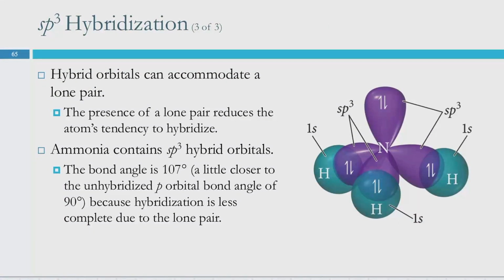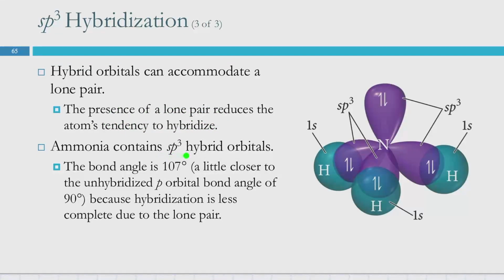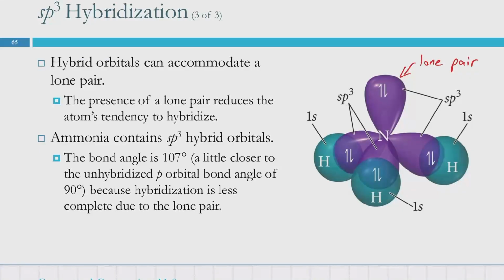Okay, hybrid orbitals can also accommodate a lone pair. So if we've got a lone pair, that's going to reduce our tendency to hybridize. Ammonia contains sp3 hybrid orbitals. We've got our lone pair up there. The reason that it forms only 3 bonds is that nitrogen has 5 valence electrons.